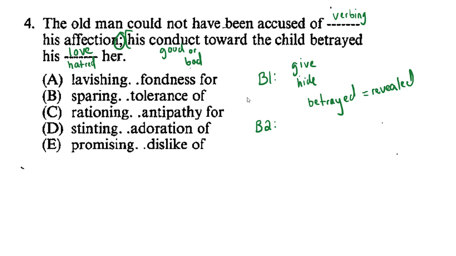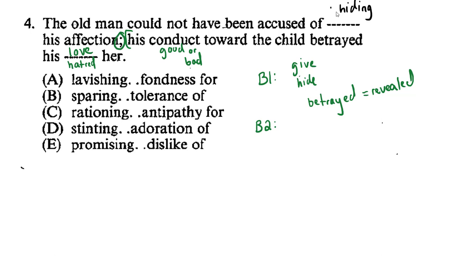All right, so let's look. The old man could not have been accused of. So let's imagine that he is hiding his affection. Let's just imagine he's not showing it. Let's see if this makes sense.